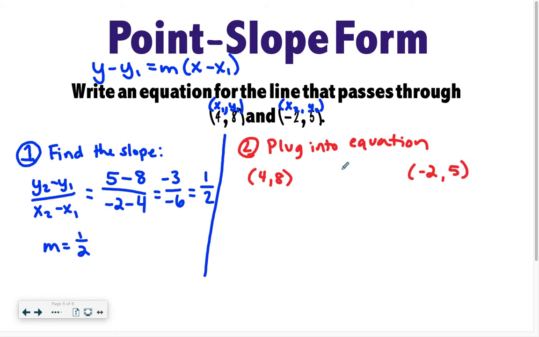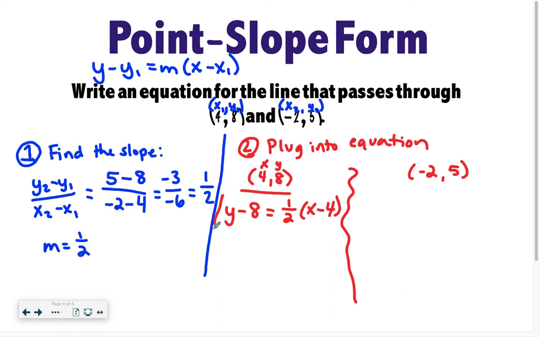I'll show you both ways right now. So I start with saying y minus y1, so that's my y value, right? So that's 8, equals my slope, which I said is 1/2, times x minus my x value. And that's it. That's all you have to write. That is your final answer.